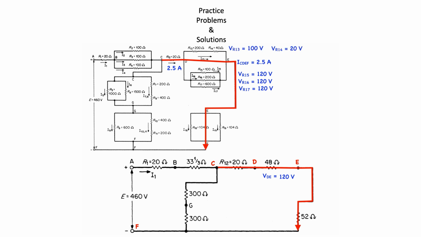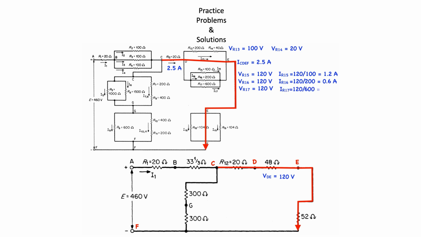The current in R15, R16, and R17 can now be calculated using Ohm's law or current division. The current through R15 is 120 divided by 100, or 1.2 amps. The current through R16 is 120 divided by 200, or 0.6 amps.